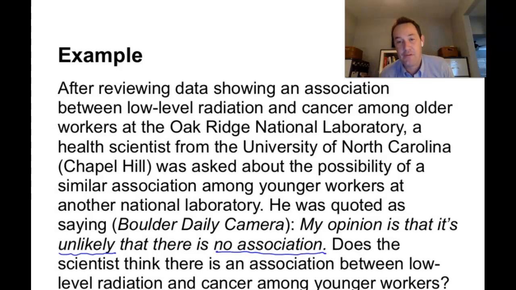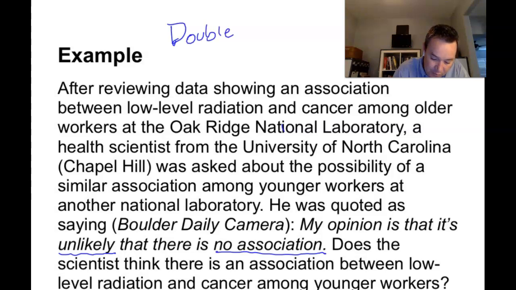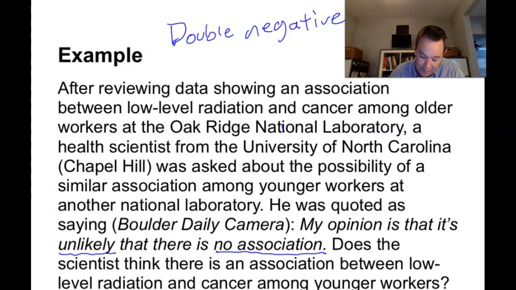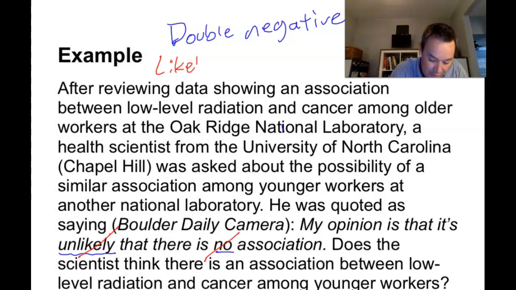So this is just a verbal, real-life example of a double negative. Since he thinks it is unlikely that there is no association, these two things kind of cancel each other out, right? The unlikely and the no association, that's a double negative that cancels itself out. So what he really thinks is that it's likely that there is an association.